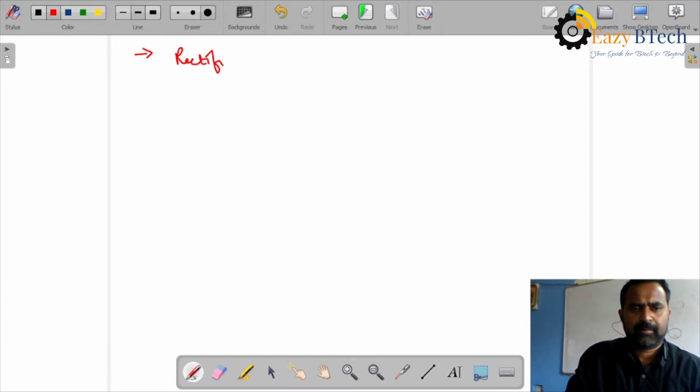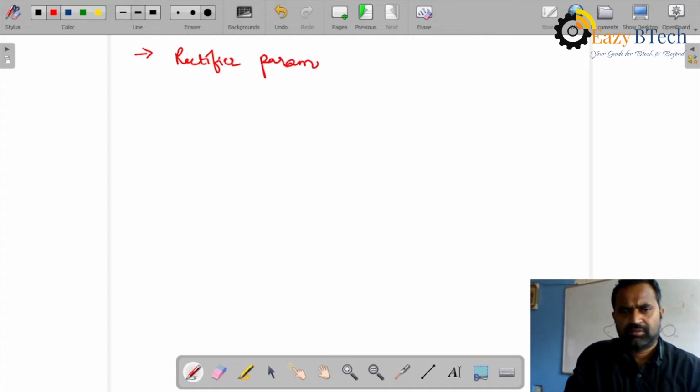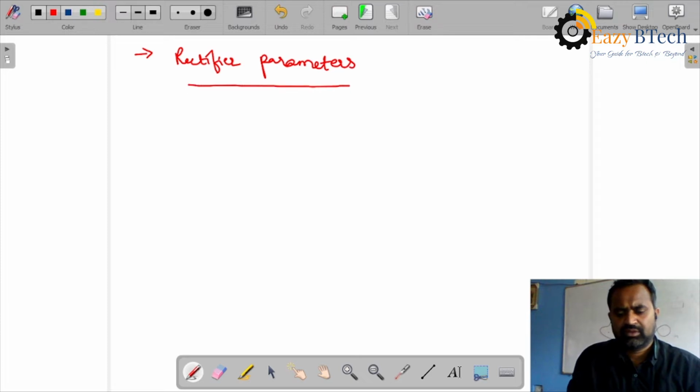Rectifier parameters, that is all we will discuss here.